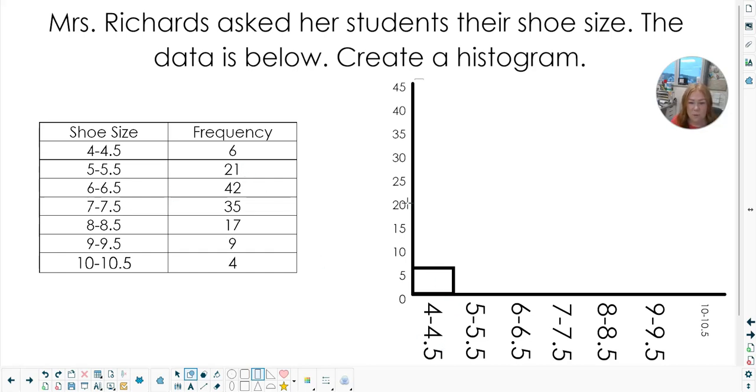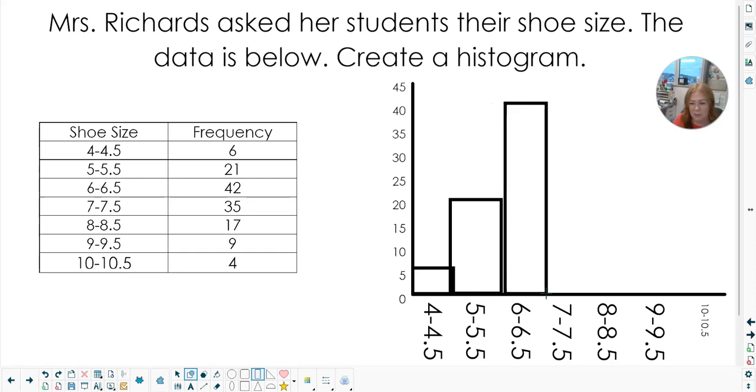So our next one is 21. So looking here, so just above 20, and I want these to touch and go into that next section here, covering right to the middle there. Now we have 42. So we're looking up here. So going across. Okay, so now I'm going to need to adjust mine a tiny bit and make that touch.